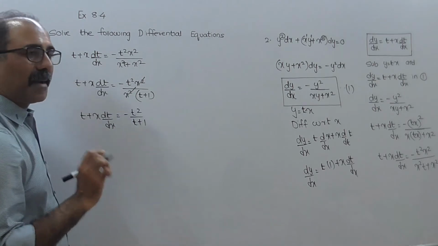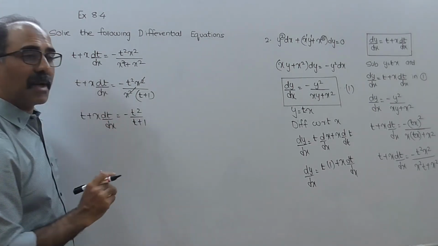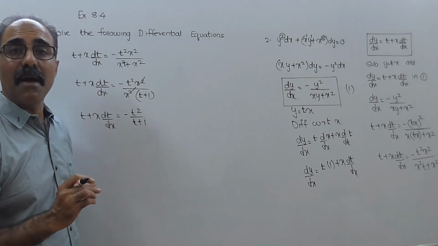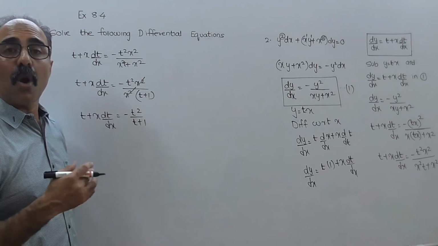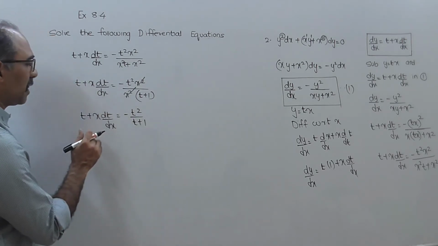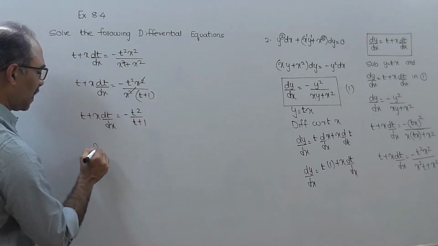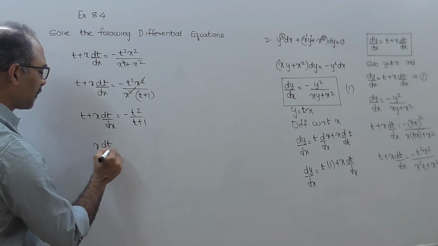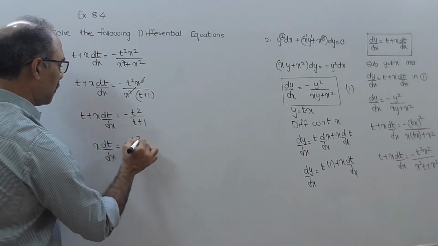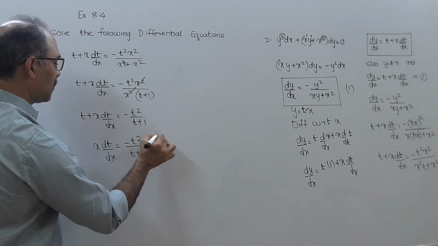Now your prime target is, if you are having dt by dx, ensure that all terms related to t are attached to dt and all terms related to x will be attached to dx. So I will do a grouping where I will take all t terms together. So I will write this as x times dt by dx equal to minus t square upon t plus 1 and I think this will become minus t.